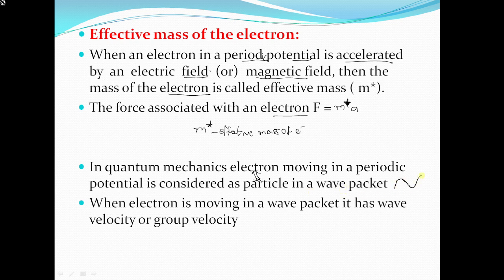In quantum mechanics, the particle electron will be moving in a wave packet. The velocity possessed by the electron in a wave packet, we call it wave velocity or group velocity.